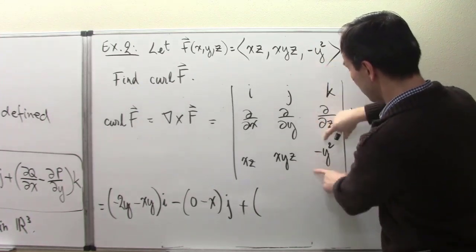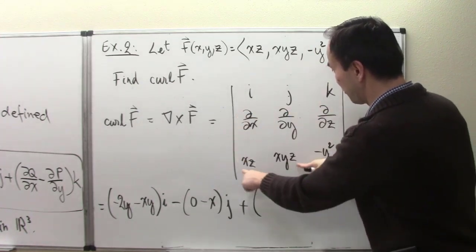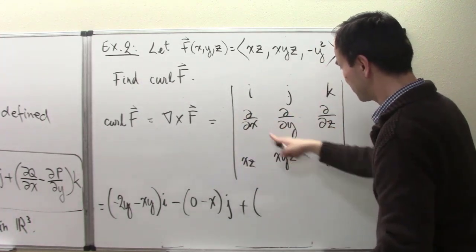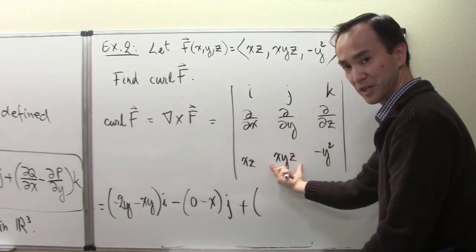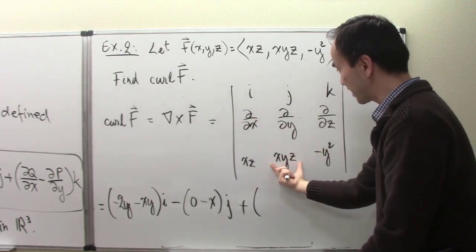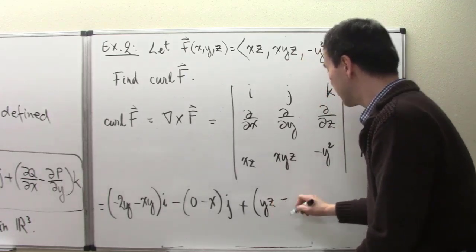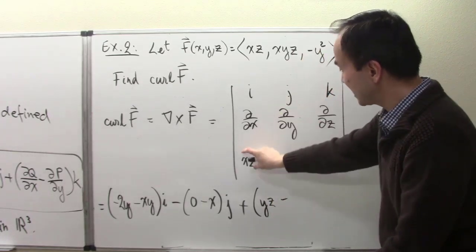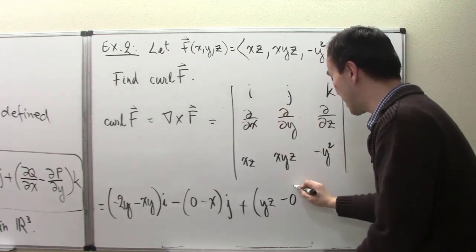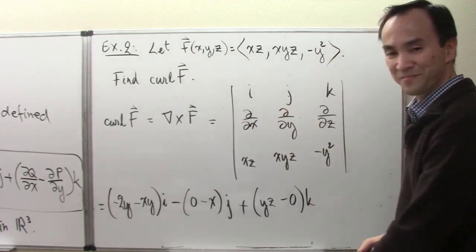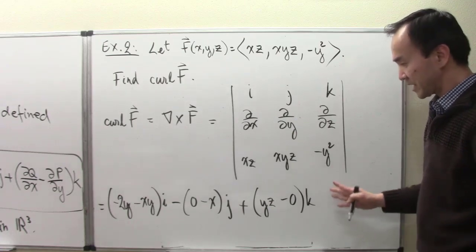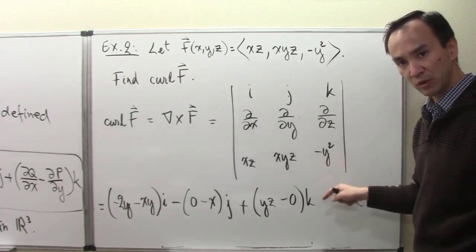So for the k component, we're looking at these four entries right here. Taking the partial derivative of the middle column entry at the bottom right here with respect to x, it gives me yz, and minus the partial derivative of that with respect to y, which is a 0 with the k component. All right, so at this point we're done with calculating the curl.